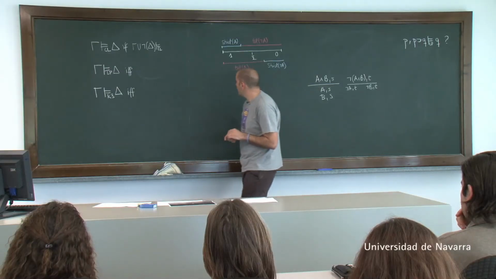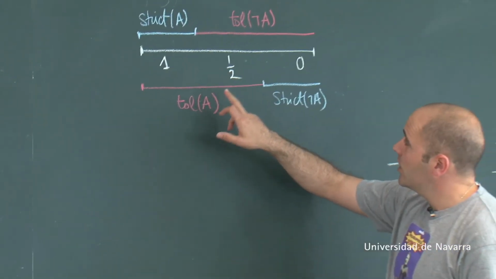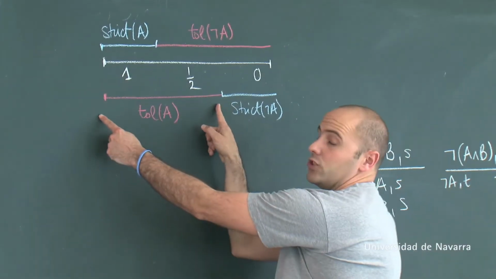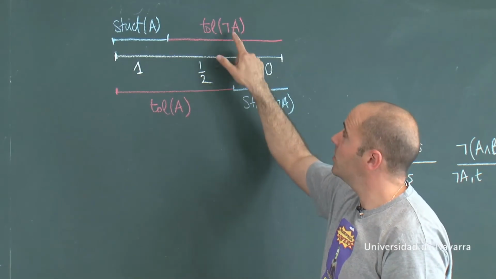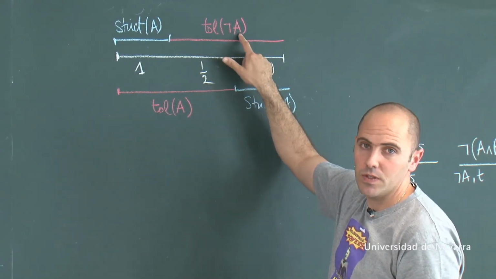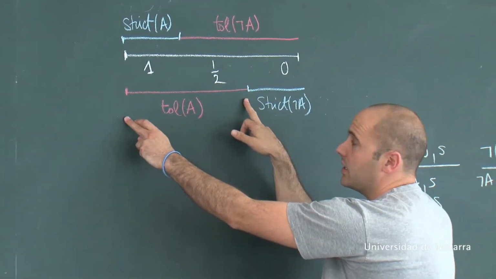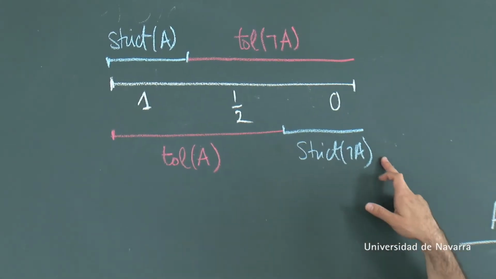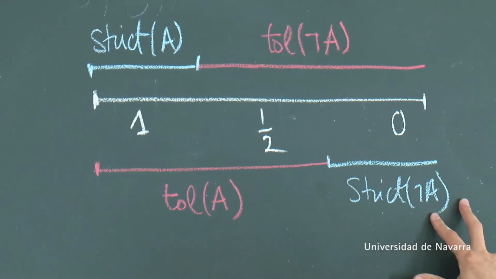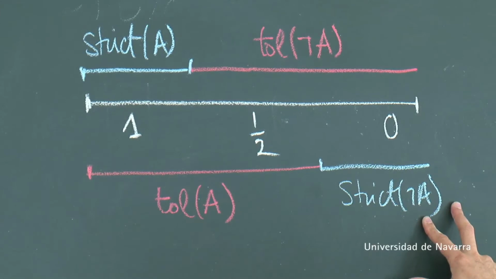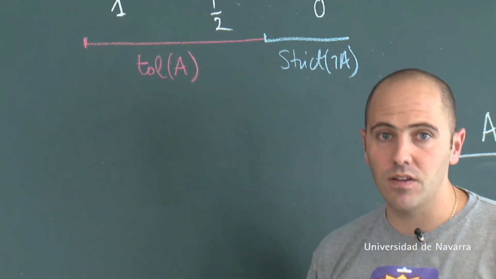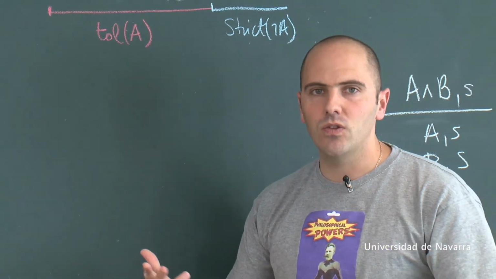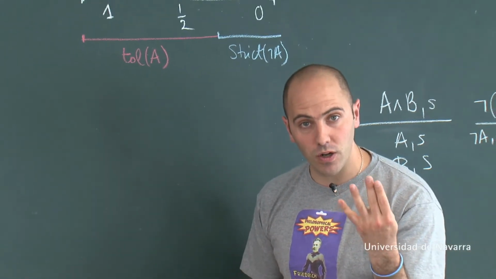But come with me. Not being tolerantly true does not equal the negation being tolerantly true. Not being tolerantly true equals not A's being strictly true, right? So we need to mark the differences in our tableau to know whether we are checking for tolerant truth or for strict truth.